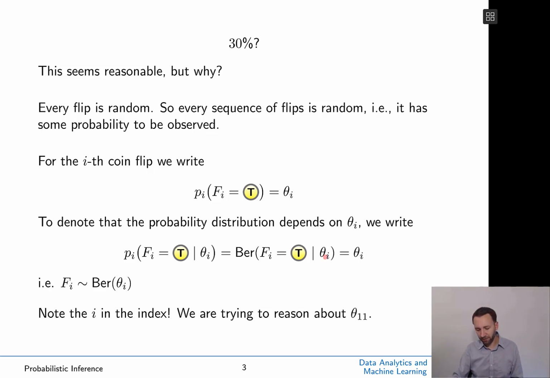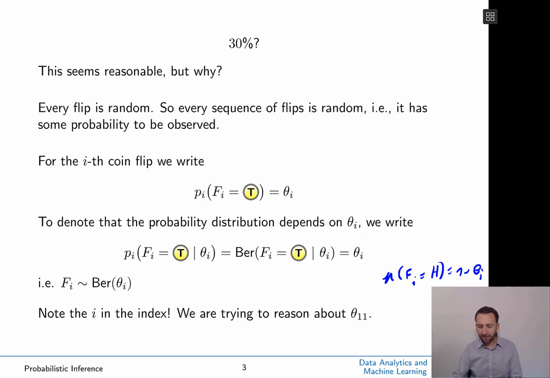And then the parameter of this Bernoulli distribution is exactly the probability of observing this event, okay? And again, I'm saying this to make it very clear. Then, of course, the probability that the coin shows a head is 1 minus this probability, okay?